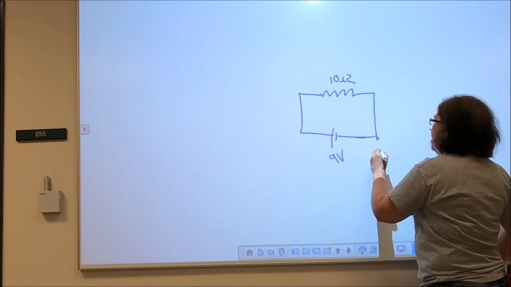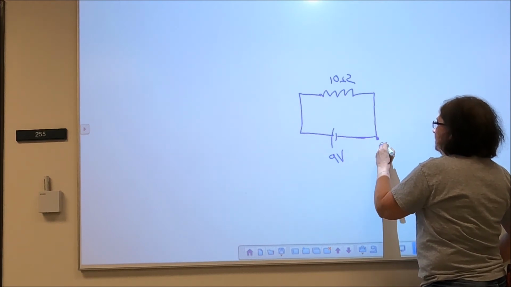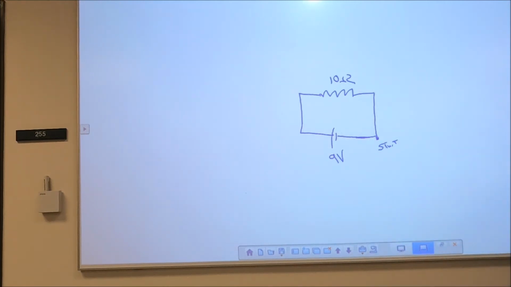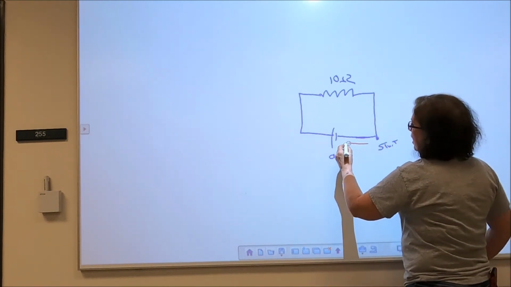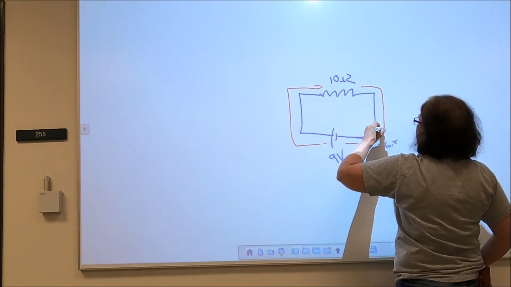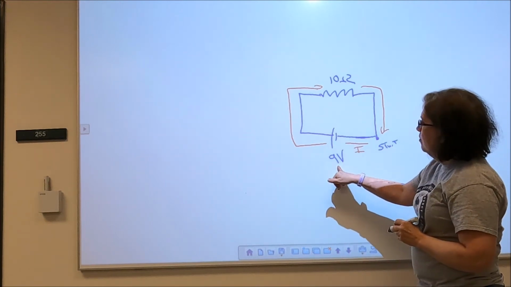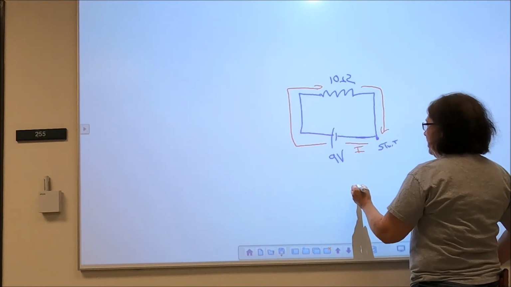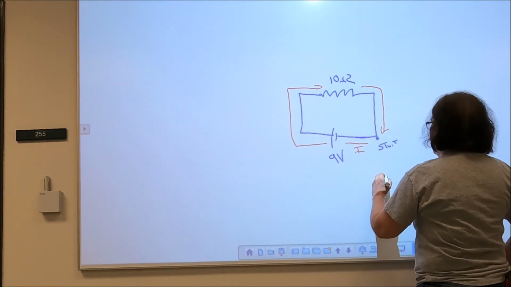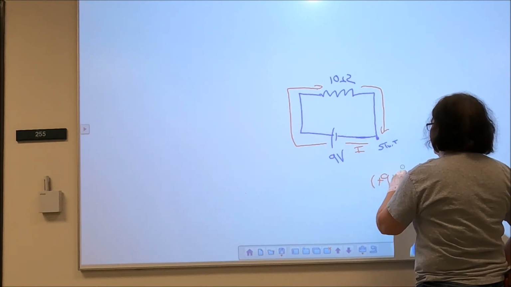So if I started at a point here, and I move around the circle, I take my current flow around this direction, I. So the first thing I move through is that 9-volt battery. As I move from here to here, I have a plus 9 volts.